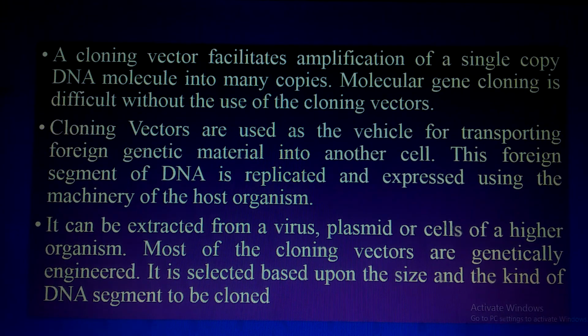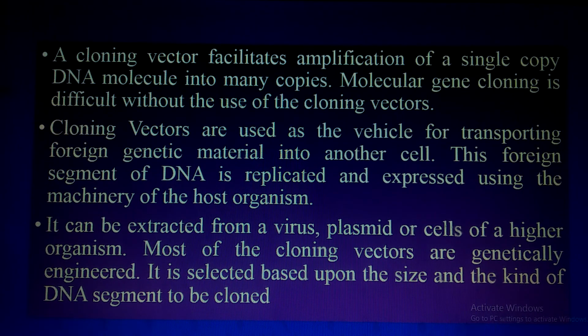So the first purpose of the cloning vector, as the name indicates, is that it facilitates the amplification of the single copy of the DNA molecule. Is it clear? Cloning vectors are used as the vehicle for the transport of foreign genetic material into another cell. This foreign segment of DNA is replicated and expressed using the machinery of the host organism.